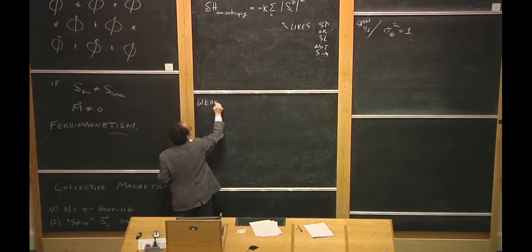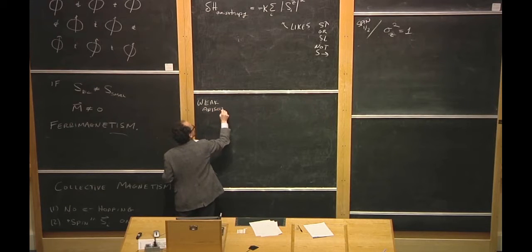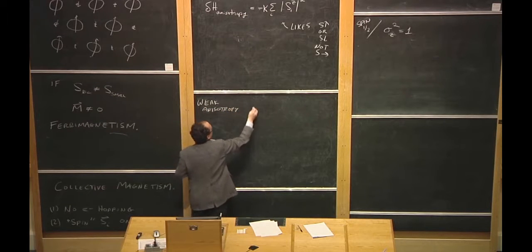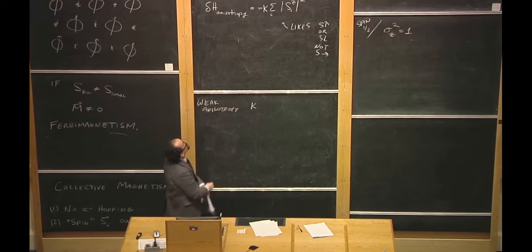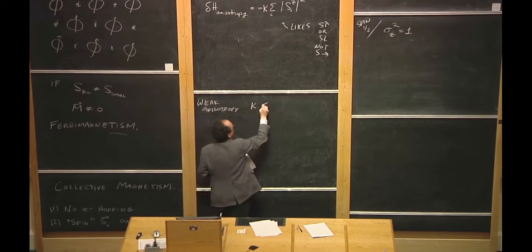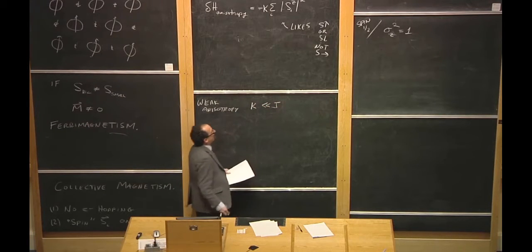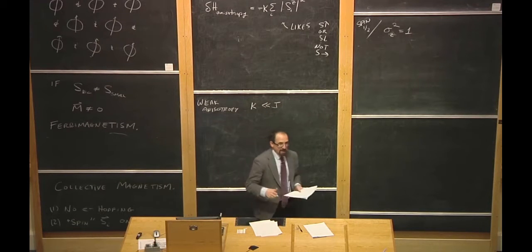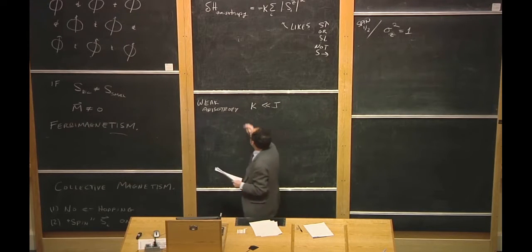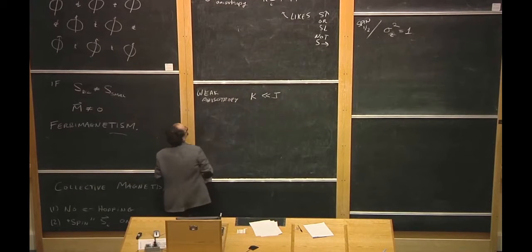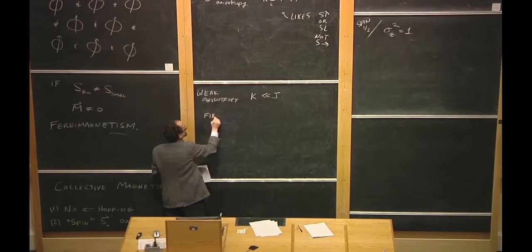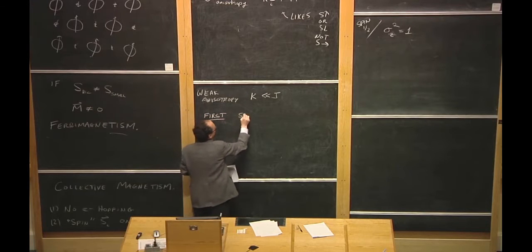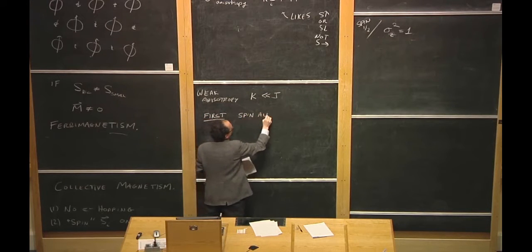Weak anisotropy, by which I mean that this kappa, the coefficient in the anisotropy term, is much less than J, the exchange constant in the Heisenberg term. In this case, what one has to do, most importantly, first, is to have spins aligned with neighbors.